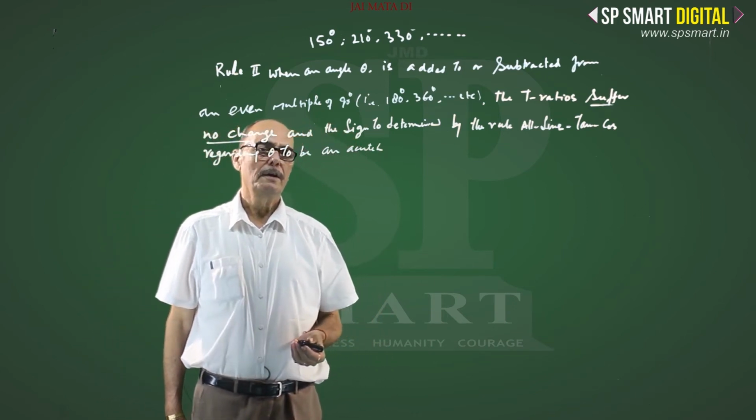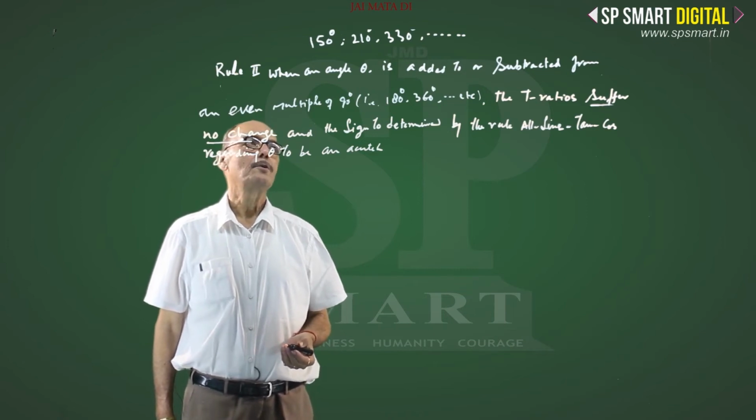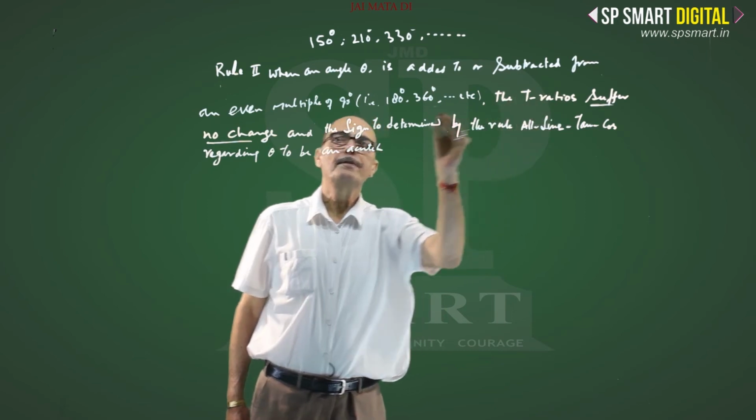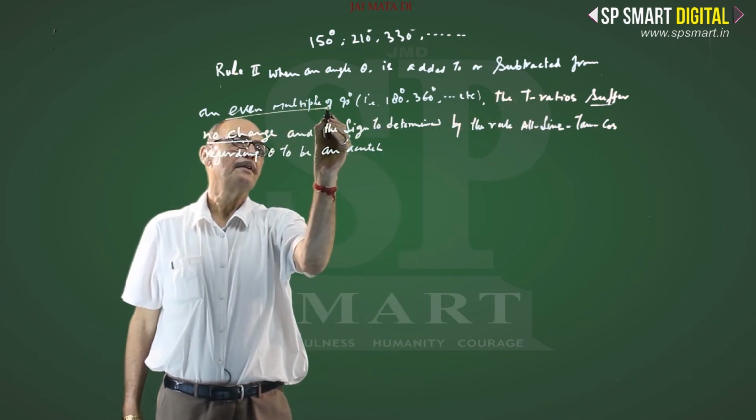Well, here the rule states that an angle is added to or subtracted from an even multiple of 90 degrees.